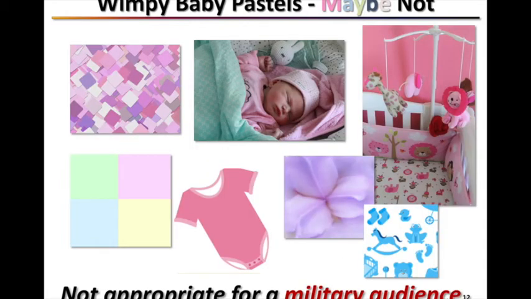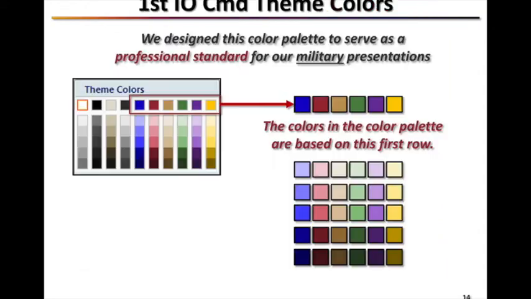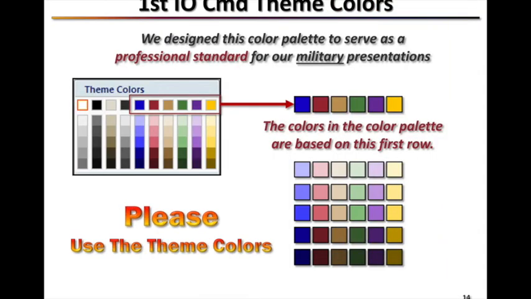So do we go with these pastels, baby colors, or do we find something a little bit more military-like? But this is something that is a little bit more acceptable to most people in our community. So I made a color palette that is using these colors.